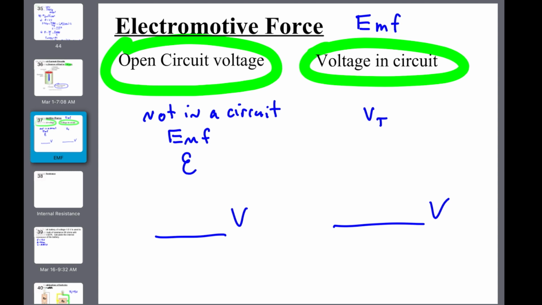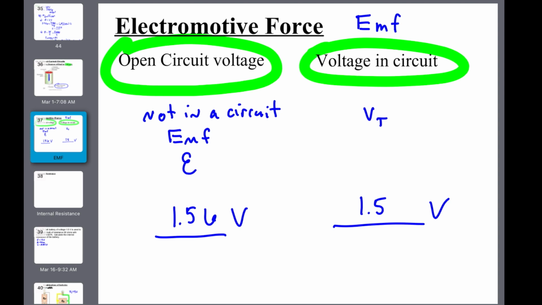I'm going to assume that when it was not in a circuit, maybe you measured a value like 1.56 volts, a little bit higher than 1.5 volts. When it was running in the circuit, you should have measured a little bit lower voltage value. I'm going to assume a value somewhere in the neighborhood of about 1.5 volts.